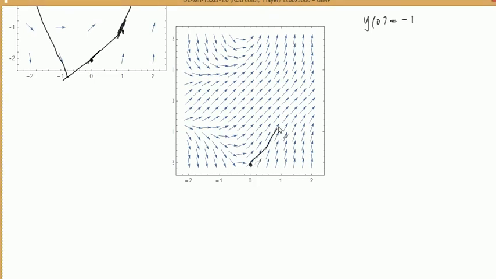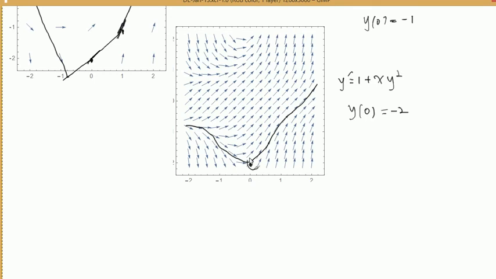This is follow the crowd. Wherever they're going in your neighborhood, you just have to follow that. And that seems like a solution to what equation? y prime equals 1 plus xy squared. If you start at x equals 0, y equals negative 2, that seems like the shape of the solution.